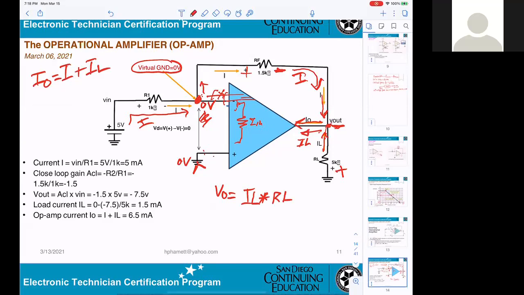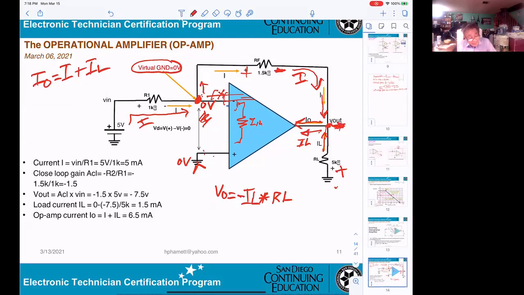That V out means from here to here, and it is supposed to be negative. The thing is you get a negative right here. V out is from the V output to the root. So if you get IL, you can multiply by RL, you can get the V out. However, the load does not depend on the circuitry, so they don't want to do it this way. And I can tell you, V out means measured from the output to the root here.